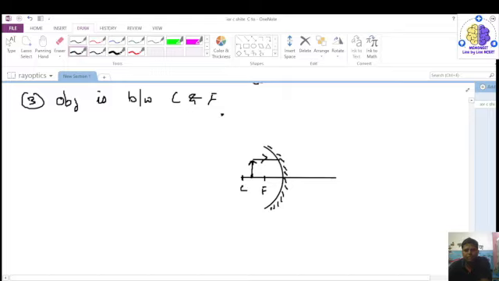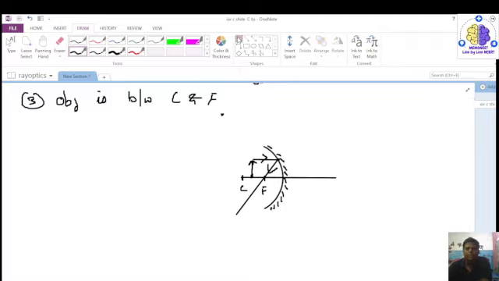This is the incident ray. The ray after reflection will travel passing through the focus, right? So this is a reflected ray.